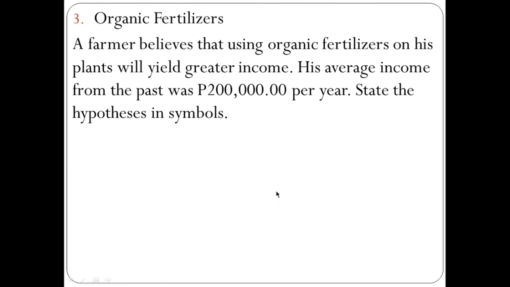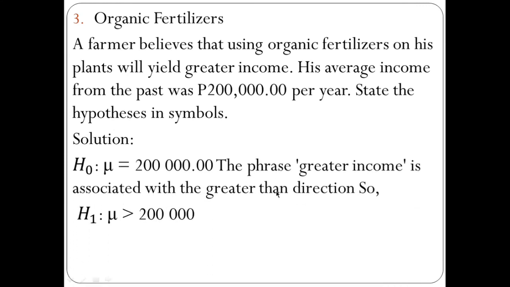So, in our solution, okay, so since sabi dito state the hypothesis, so kukunin natin class both the null hypothesis and alternative hypothesis. Okay, so for the null hypothesis, we have mean equals 200,000. Okay, so the phrase greater income is associated with the greater than direction.